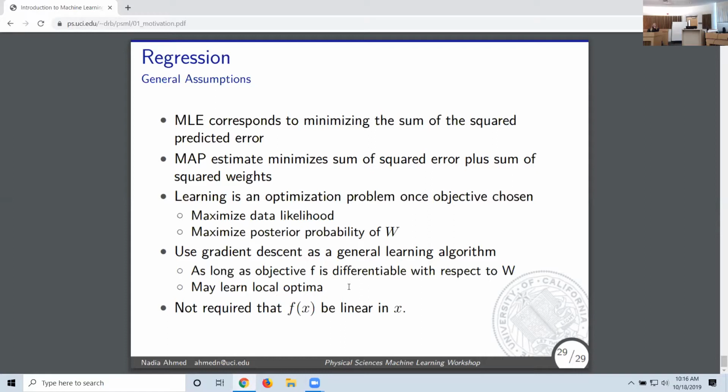Bayesian networks are modeled by directed graphs. Markov networks are modeled by non-directed graphs.